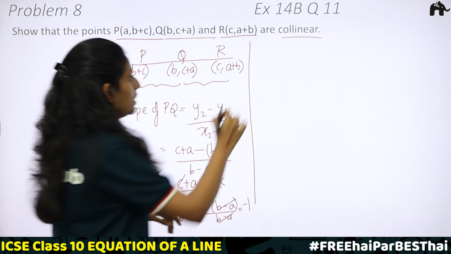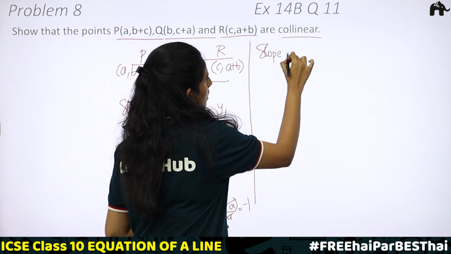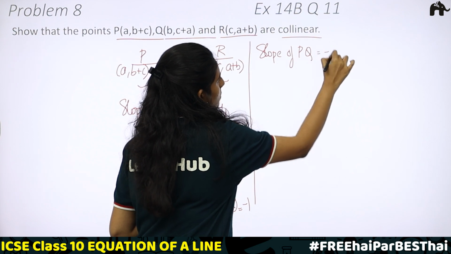Therefore, the slope of PQ is equal to minus 1.